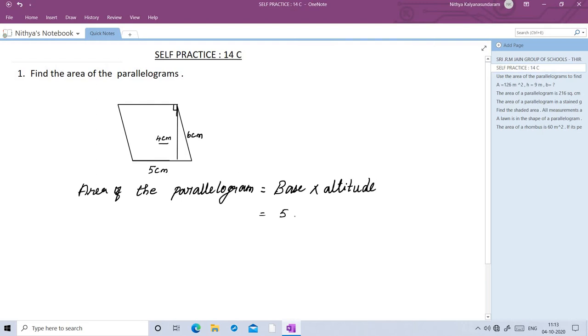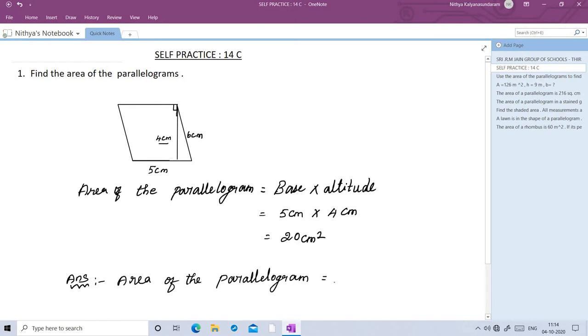So base is 5 centimeter, altitude is 4 centimeter. So 5 4s are 20 centimeter square. So the answer is, area of the parallelogram is 20 centimeter square.